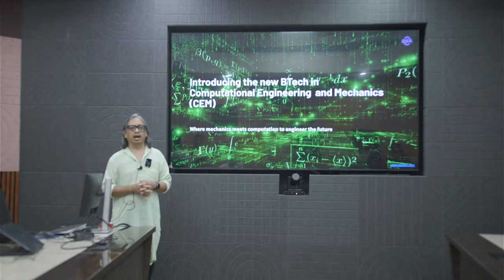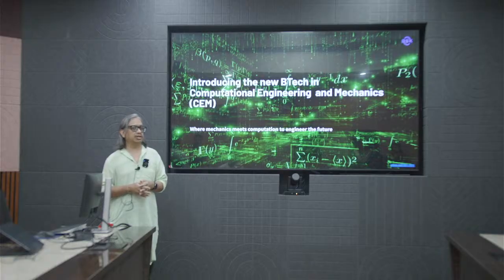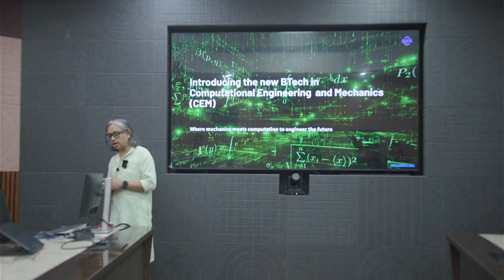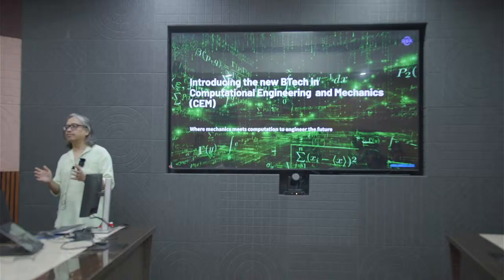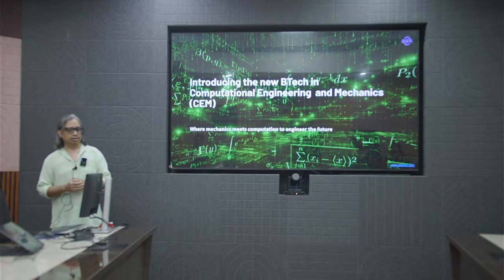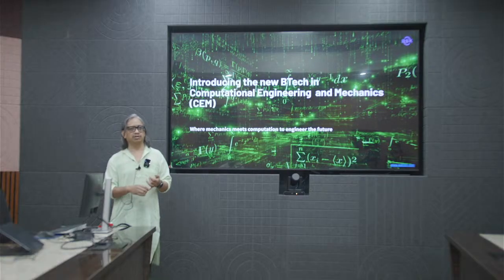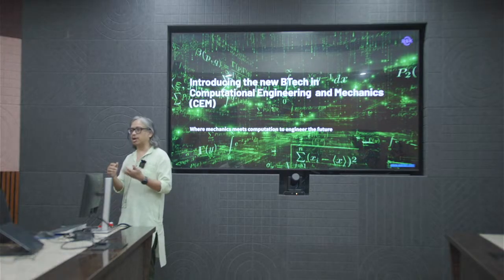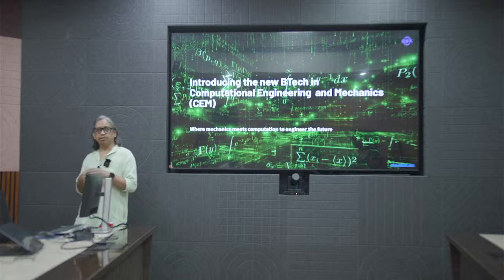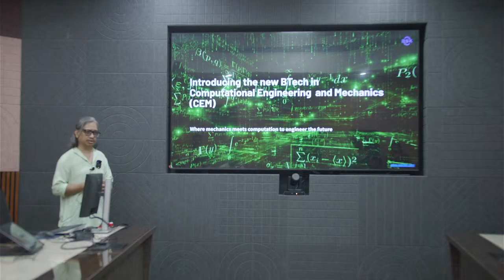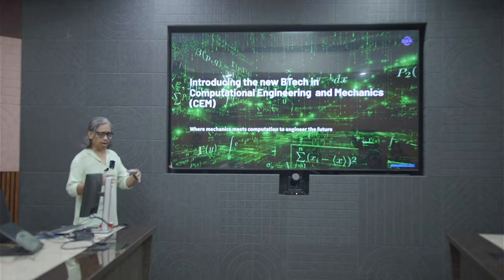And of these 36 faculty, their undergrad training is from around 12 different disciplines. So from aerospace engineering, civil engineering, mechanical engineering, electrical engineering, instrumentation engineering, biomedical engineering, physics, you name it, we have faculty from these departments.